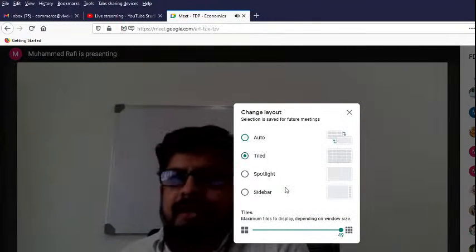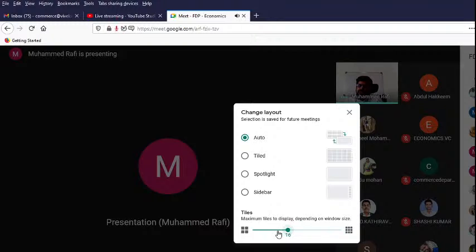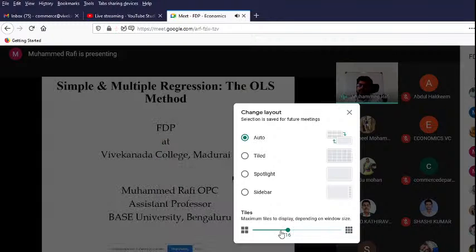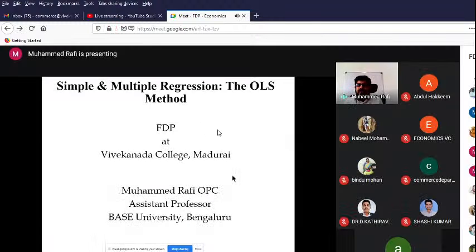In the multiple regression, you have more than two variables, where there is one dependent variable and more than one independent variable. I'll explain how we apply the ordinary least squares method for the simple as well as the multiple regression.